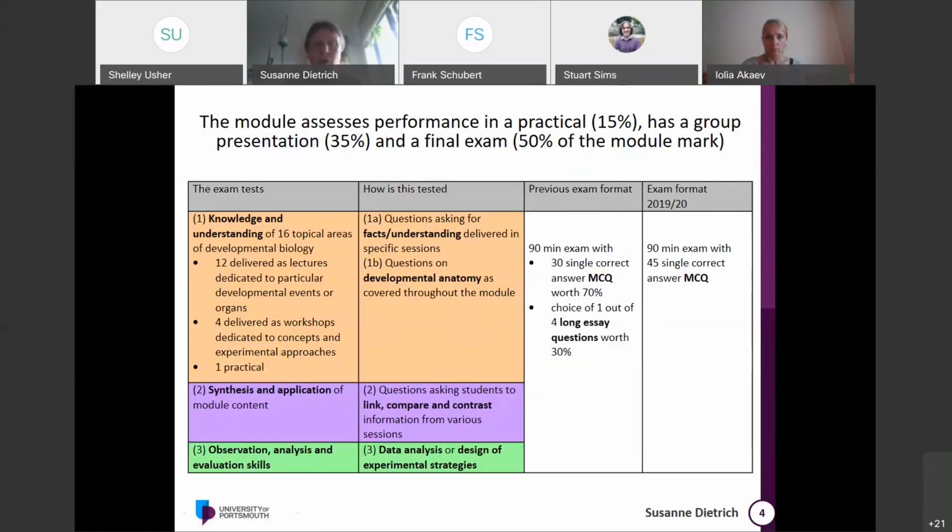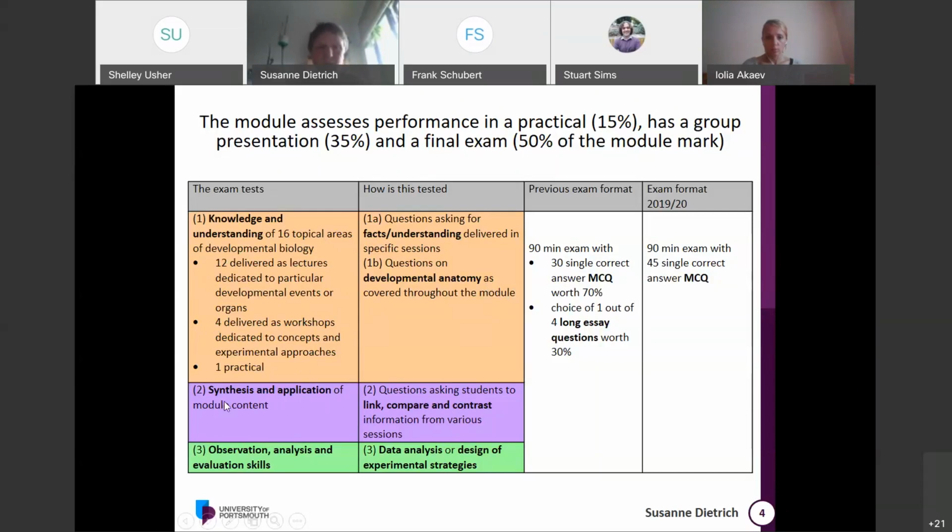The final exam, of course, we would always test for knowledge and understanding of the lectures or workshops, and we do test for this knowledge and understanding by asking students to come and also by how they understand the developmental anatomy of the embryo.